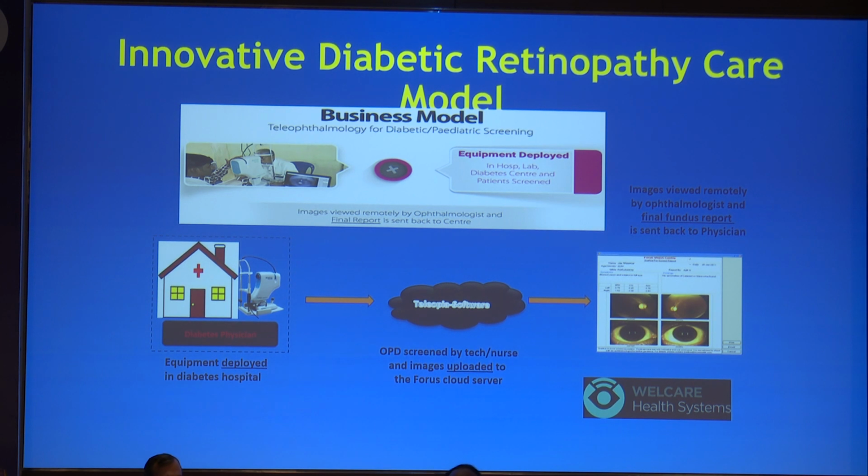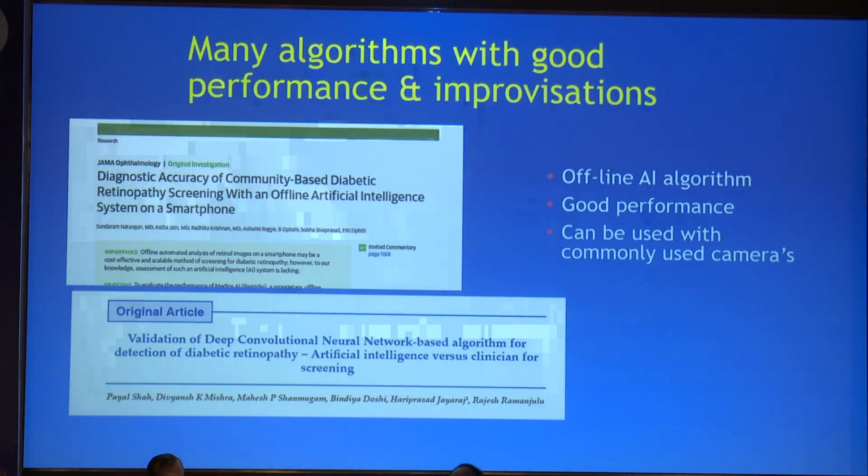One group in Chennai developed an innovative business model using DR screening, where they put fundus cameras in multiple diabetology clinics all over India, and they used to screen about 15 to 20,000 diabetic patients every single month. It was a business model, so everybody gets to pay, but the benefit is that every diabetic patient is getting screened.